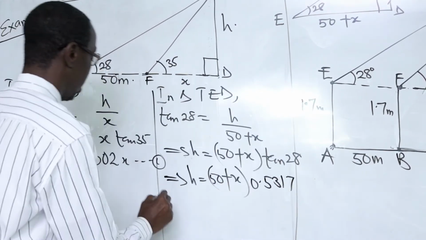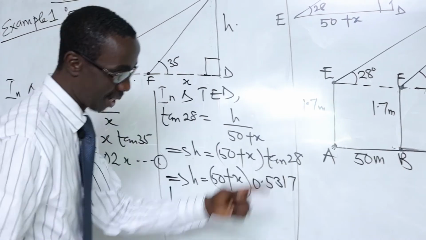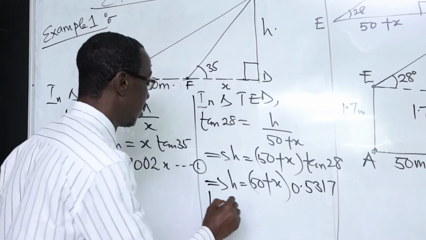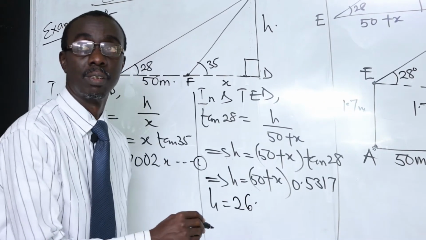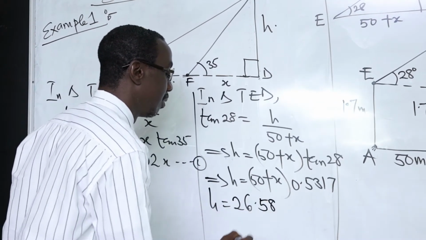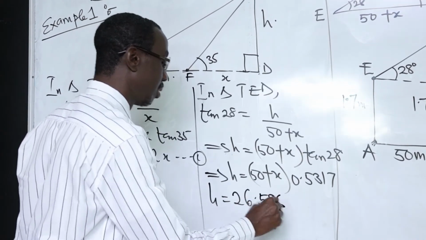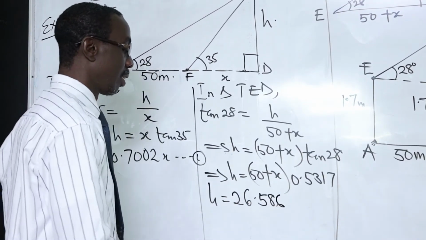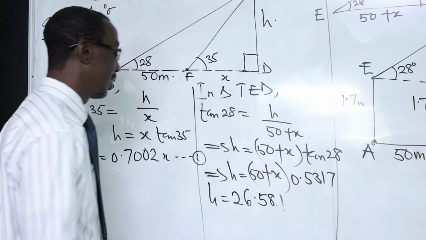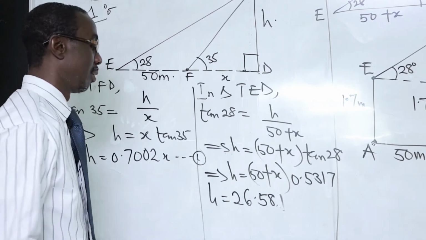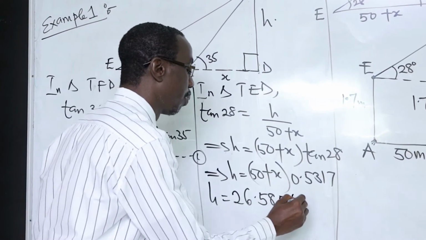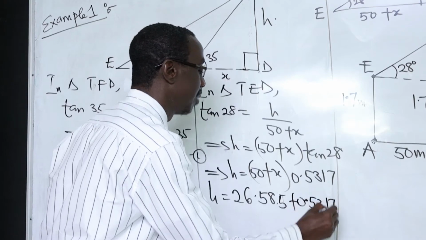Open that bracket for me. h is equal to 50 multiplied by 0.5317, which is 26.585, plus 0.5317x.